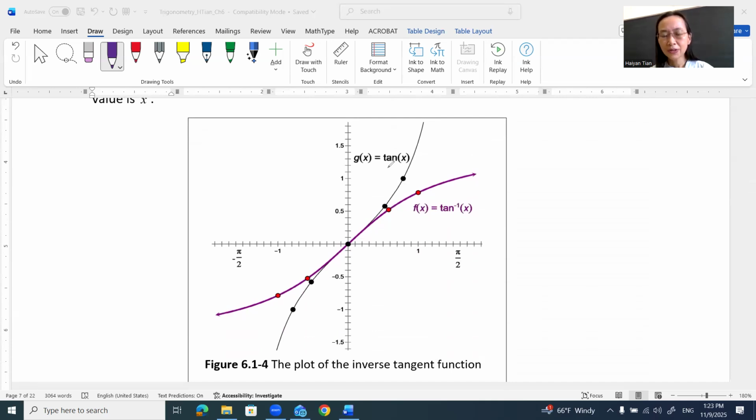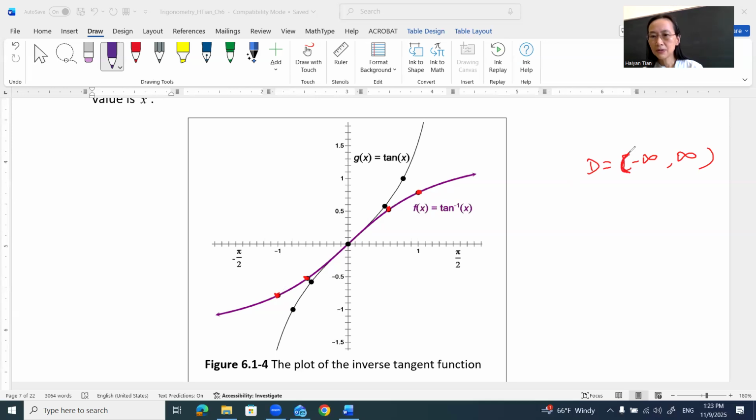You see the black curve is the tangent x. The purple curve passing through the dots, those are the dots on the inverse. So we can see the inverse. Its domain is all real numbers, any real number.